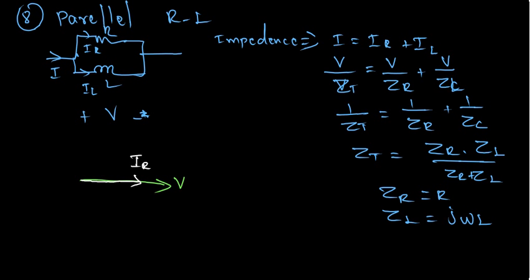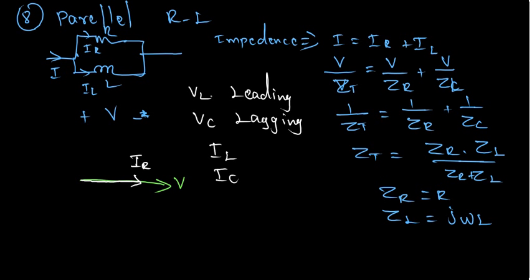Before that I told you VL leading and VC lagging. But in the opposite way, IL and IC are opposite: IL lagging and IC leading.